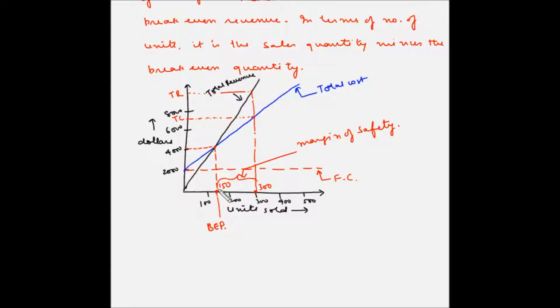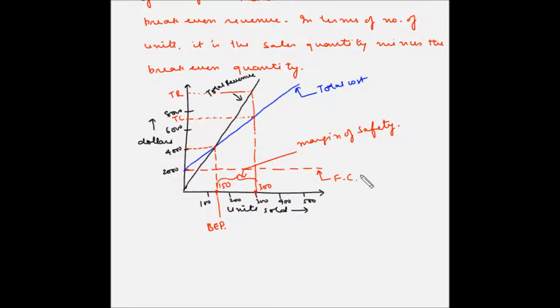So anything to the right of this break-even point indicates profit, anything on the left of this break-even point indicates loss. So the more right hand side the company is, the more safety margin and lesser chance of sliding into a situation of loss.